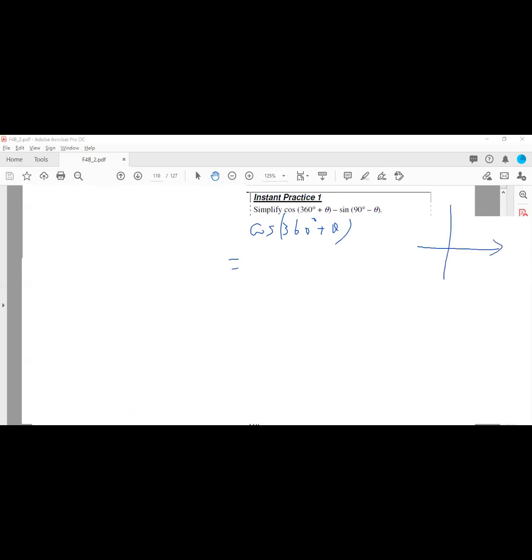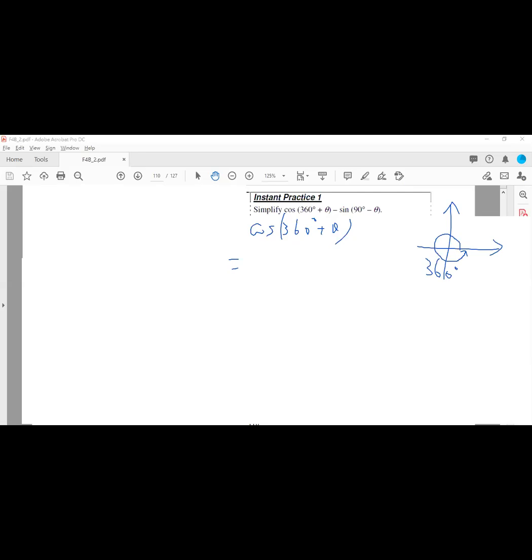So the x-axis, y-axis, 360 degrees. We need to turn 360 degrees first. Okay? Well, 360 degrees is one complete cycle, right? You turn 360 degrees, you have turned one full circle and returned to the original direction.